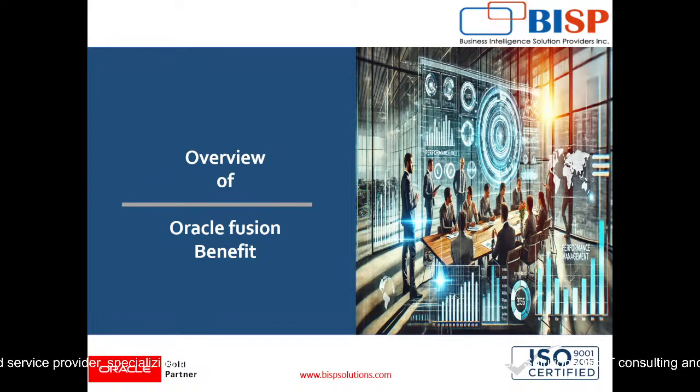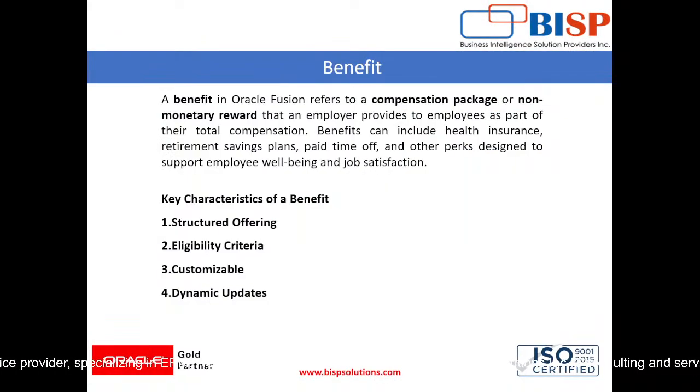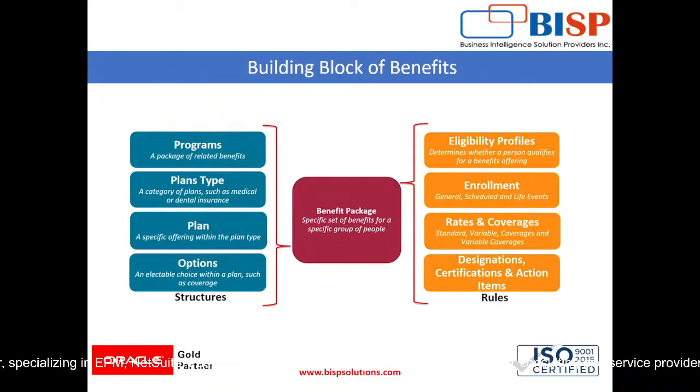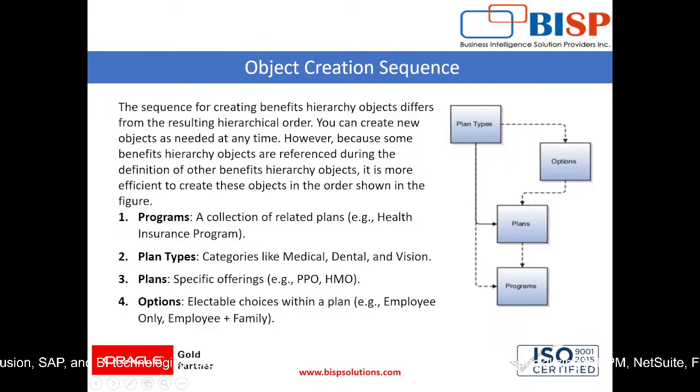Up till now in our benefit module, we have seen what is benefit and the building blocks of benefits, in which we have covered eligibility, rates and coverages, option, and plan types. And we saw how the objects are created, and the sequence for that, in which first we created option plan type.